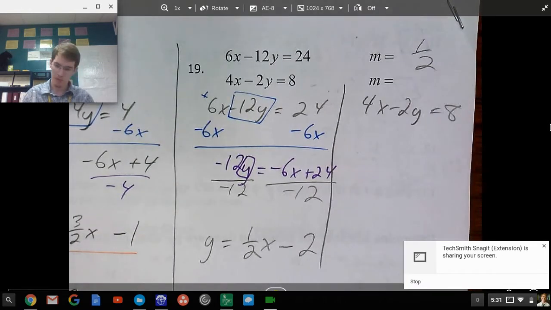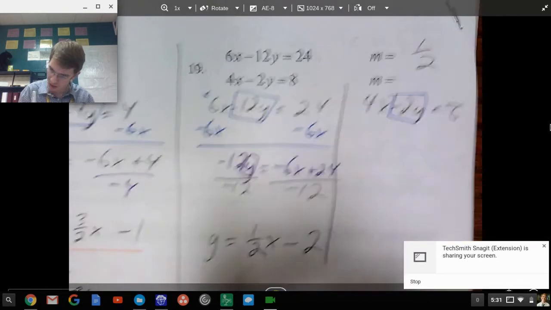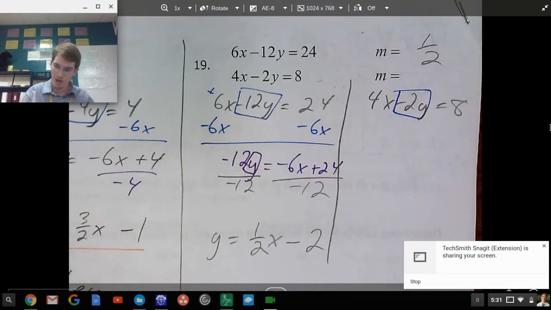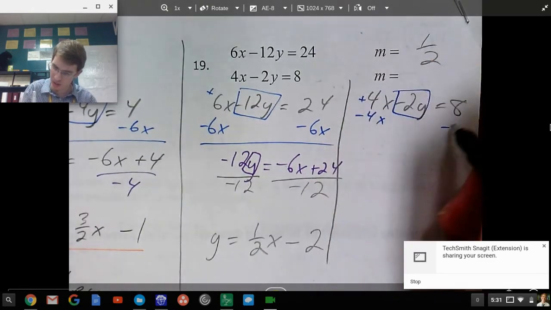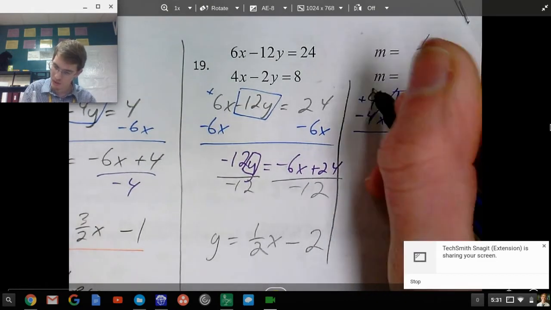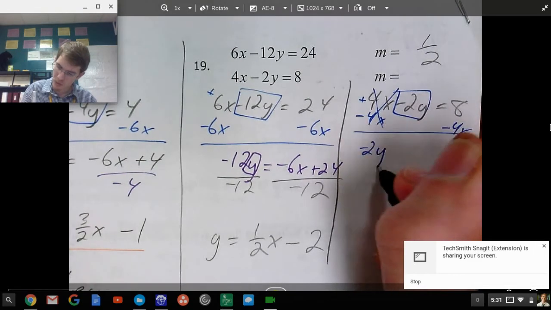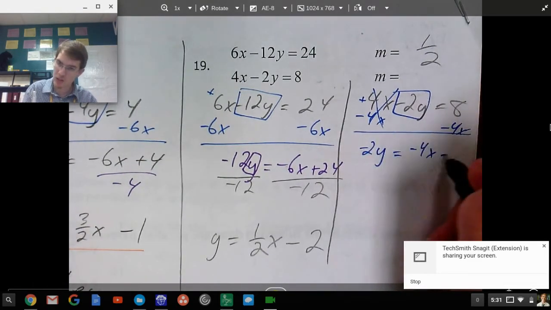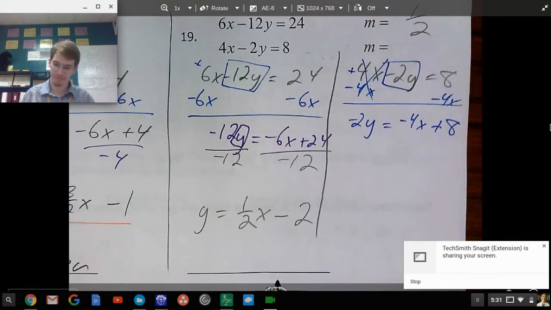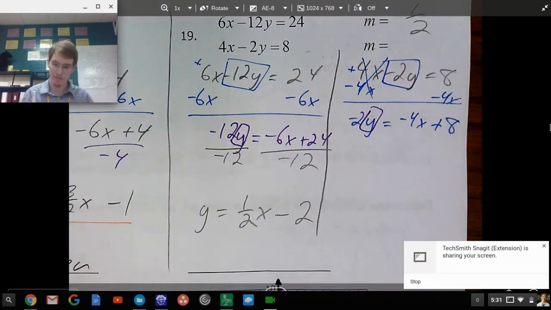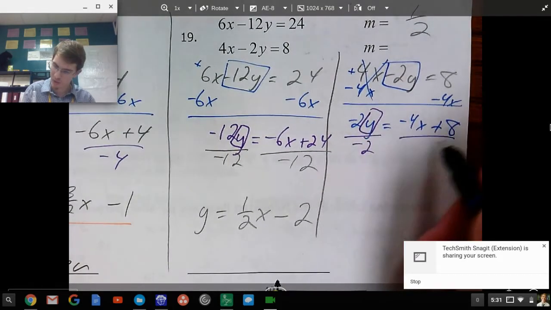We want to get y by itself, so we'll box in 2y. I need to subtract, it's positive 4x, we'll subtract 4x. 0 pair right there. So we get negative 2y equals negative 4x plus 8. Is y by itself? Ought to know the answer to that one by now. Nope, got to divide by negative 2.